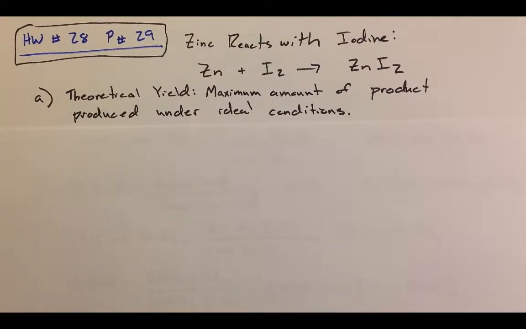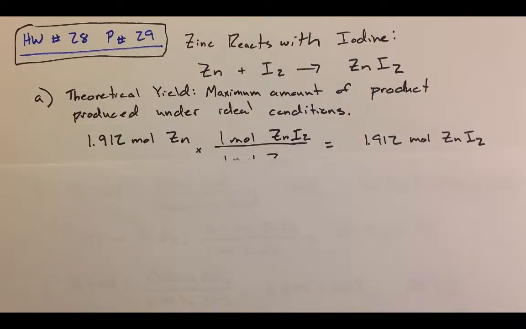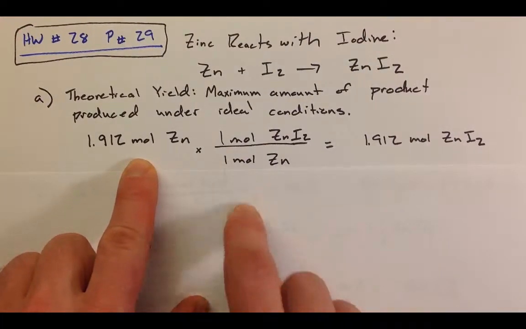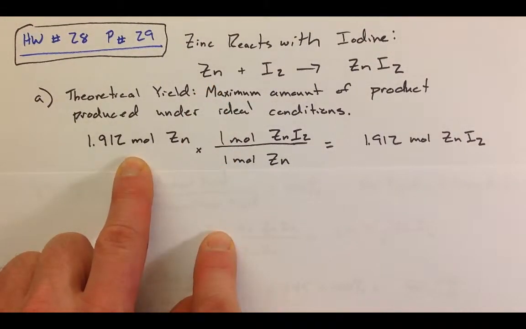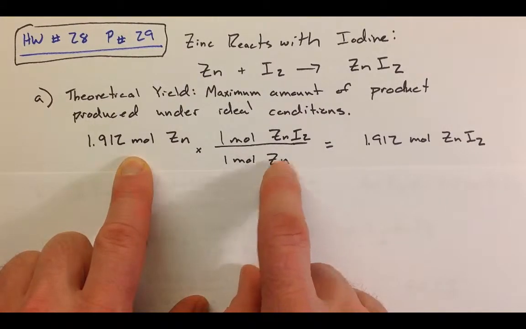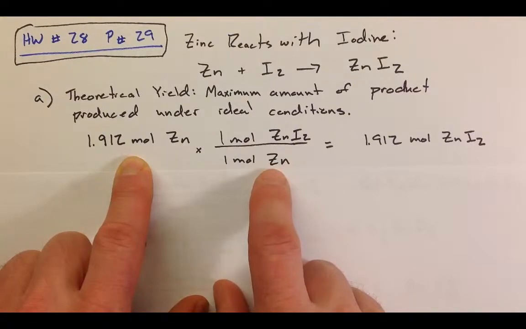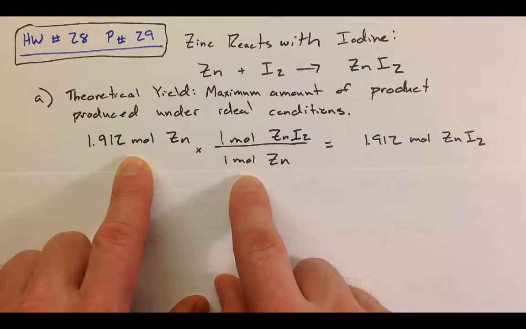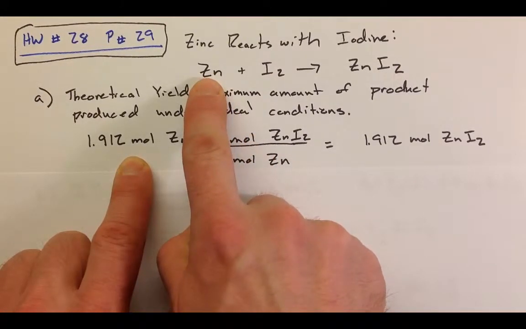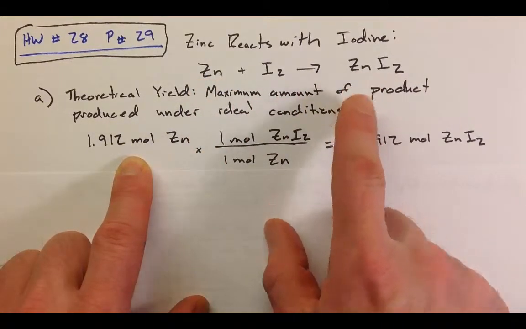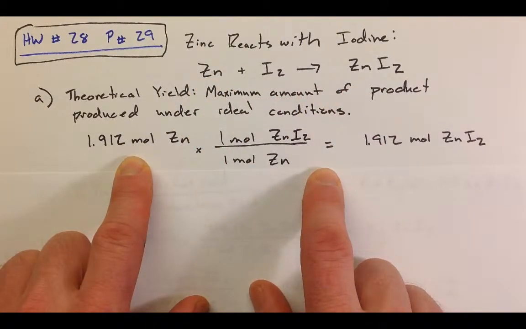So how do you find your theoretical yield? Well, you just do the stoichiometry that we've been doing so far. I know I start with 1.91 moles of zinc. The mole ratio between zinc and zinc iodide is my favorite mole ratio, 1 to 1. So for every 1 mole of zinc I put in, I get 1 mole of zinc iodide out.